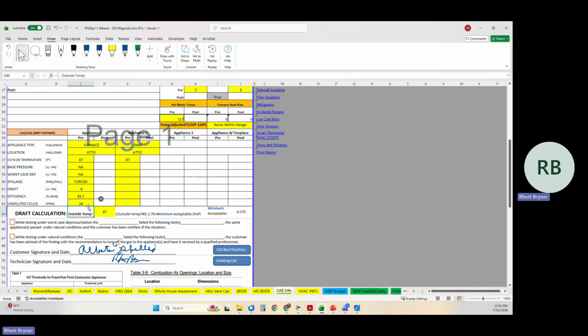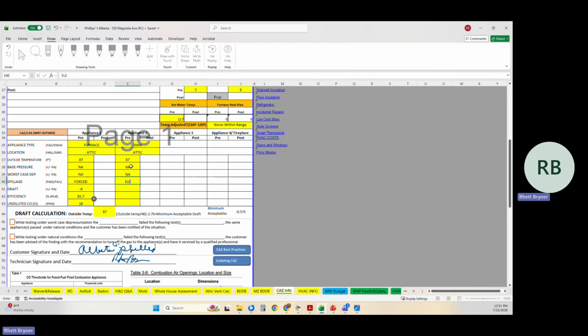Okay. So next, we're going to move on to our water heater. In this case, you would follow some of the same information entering on the water heater. But in this case, this was an electric water heater. So we're just going to enter all that based on it being electric. So base pressure in worst case, again, you're going to put not applicable.